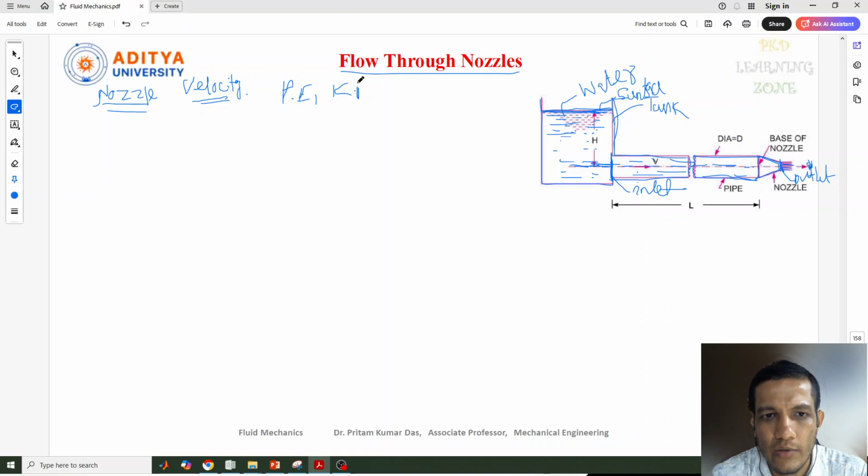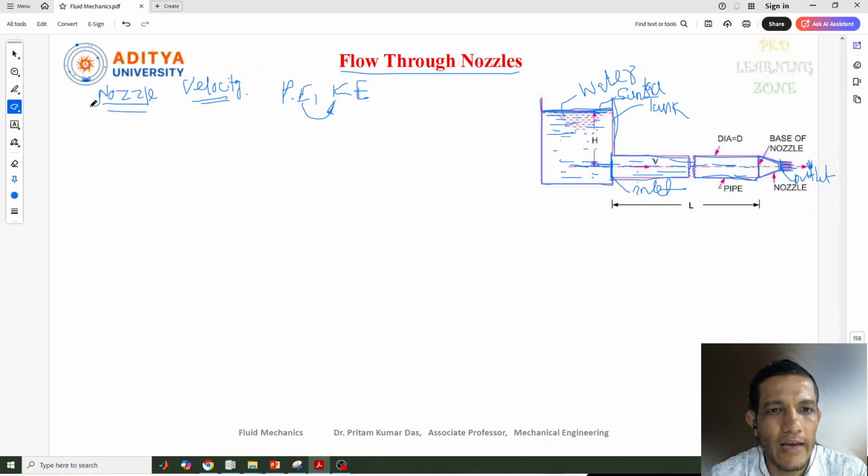The pressure energy also will be converted to kinetic energy at the nozzle tip, so the fluid comes out from the nozzle with high velocity. We know that kinetic energy equals half mv squared, so the velocity of the fluid will be very high at this point.